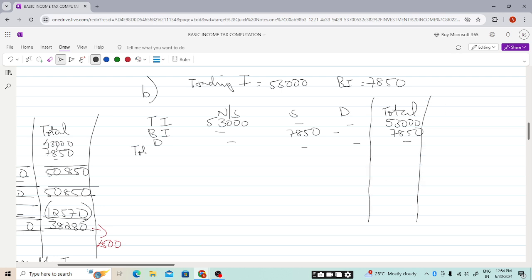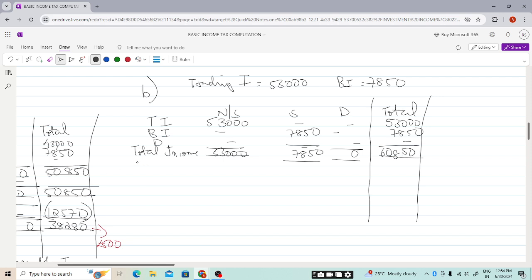So this will give rise to our total income. Our total income is 53,000 pounds. For saving income 7,850. For dividend it will be 0. And here our total income will be 53,000 plus 7,850 will give rise to 60,850.